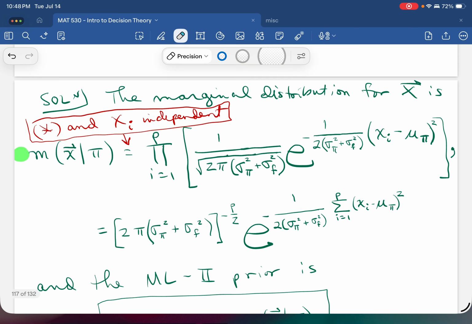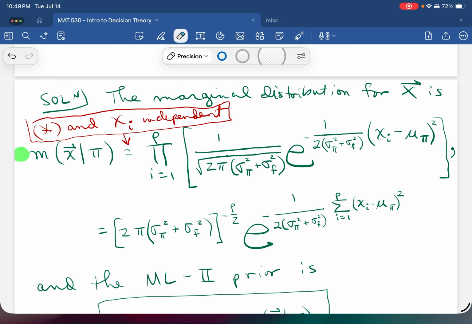So let's first look at the marginal distribution for our random vector x, which is given here. And again, we're taking advantage of independence here. And so each x_i is distributed like we see here. We noted that earlier. That's the marginal distribution.